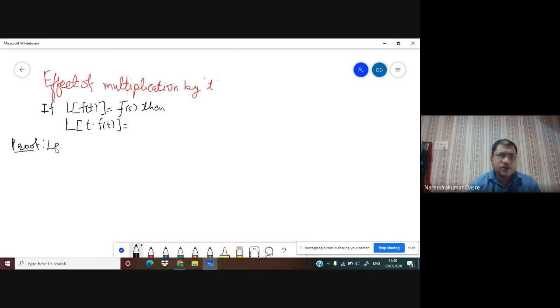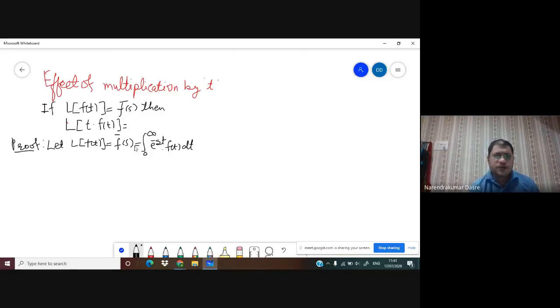What we can have is let Laplace transform of f of t is equal to f bar of s is equal to integral 0 to infinity e raised to minus st f of t dt. Okay, so now we need to understand. I want t into f of t here.